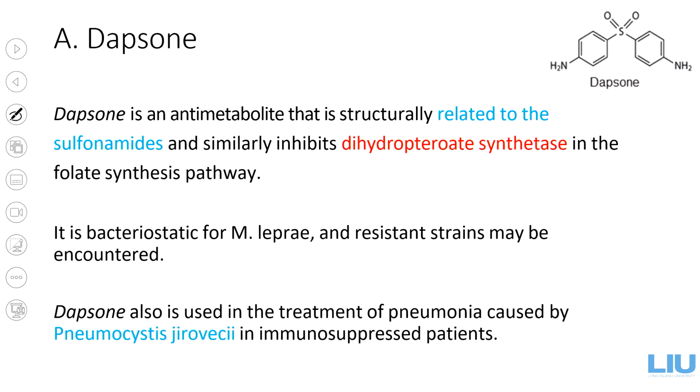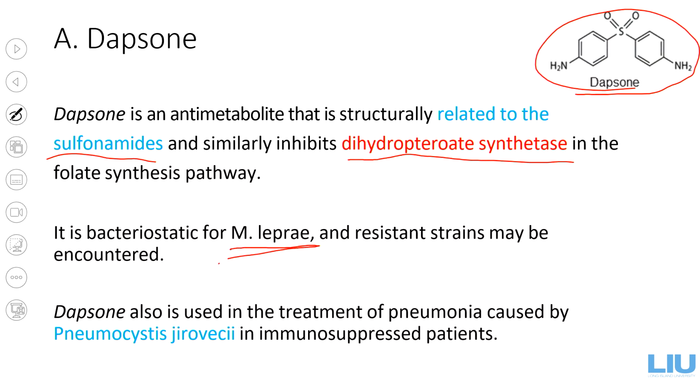So dapsone, again, similar to the sulfonamides, even structurally similar, inhibits dihydropteroate synthase. It's active on Mycobacterium leprae, of course, for treating leprosy, and some resistant strains may be encountered.